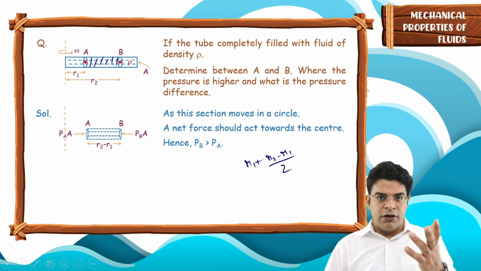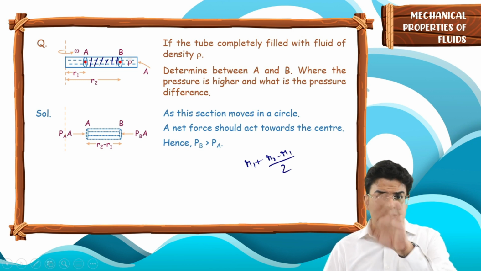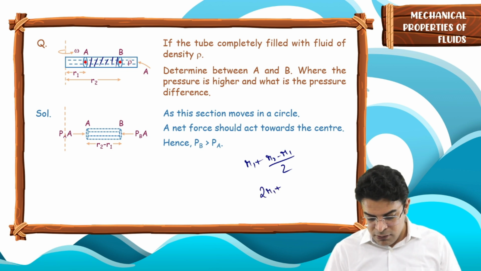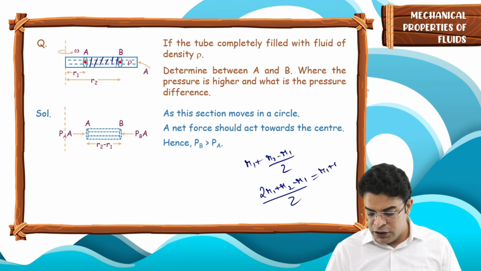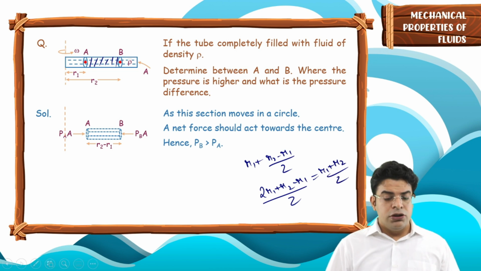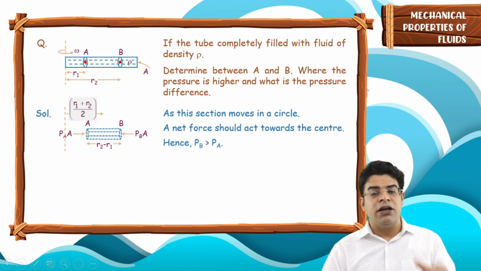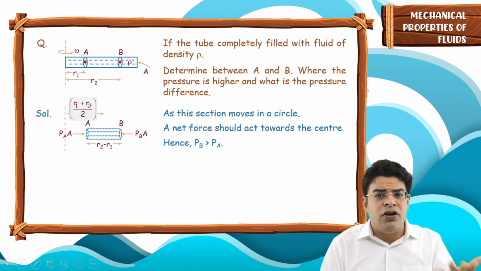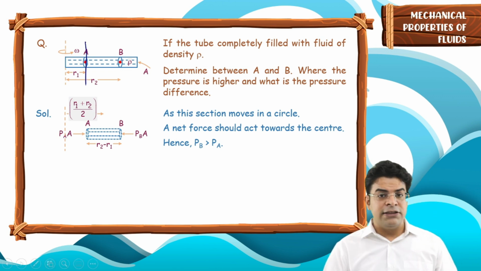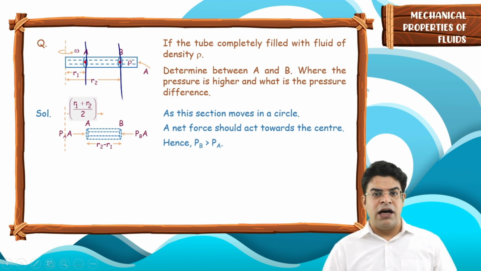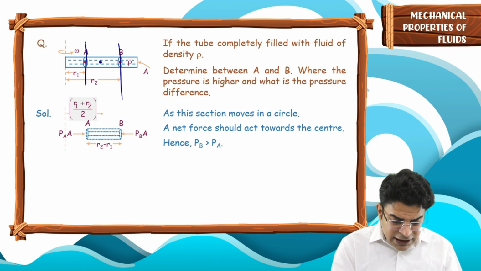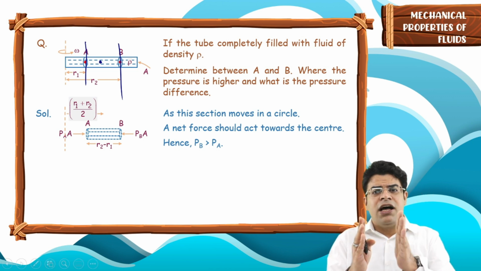That is (2r1 plus r2 minus r1) by 2, and that gives you (r1 plus r2) by 2. So the radius in which the center of mass will rotate is nothing but (r1 plus r2) by 2. And isn't it obvious? Point A at distance r1, point B at distance r2. The point exactly midway between them has to be at distance (r1 plus r2) by 2.